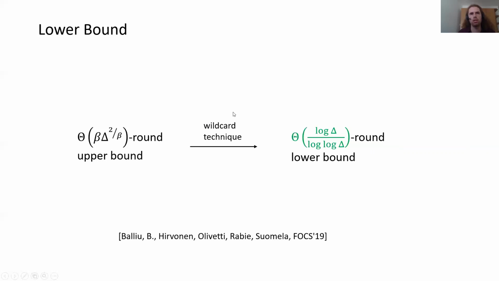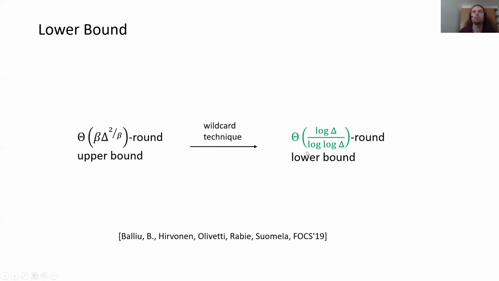Now, this wildcard technique loses quite a bit of complexity. So we see that here we have a polynomial dependency on delta, and here we have only an exponentially worse logarithmic dependency on delta. But fortunately, this is not the last step. After getting this lower bound that is a function of the maximum degree, we still have to turn this into a lower bound that is a function of n, the number of vertices in the graph.